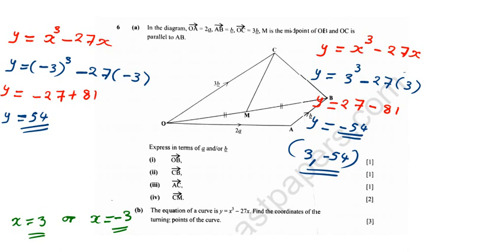So we can write it in coordinate form. Representing it in coordinate form, with our value of x being negative 3, we get negative 3 comma 54. So that's our other coordinate. So that's it for this video.